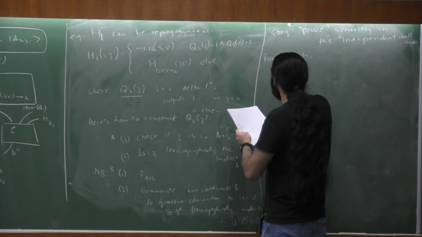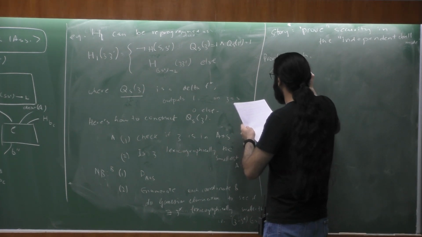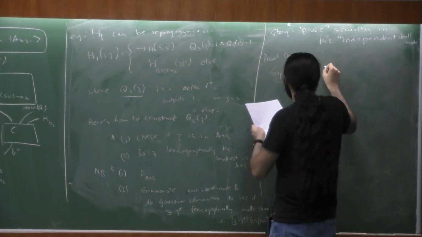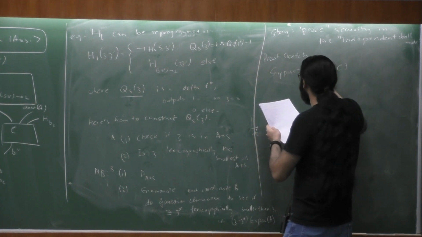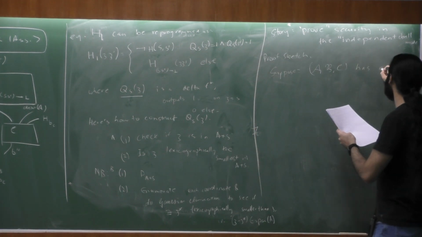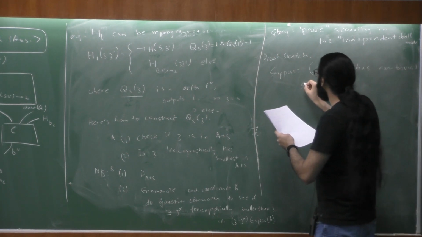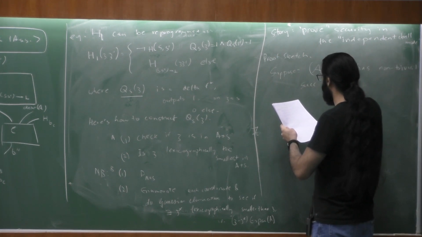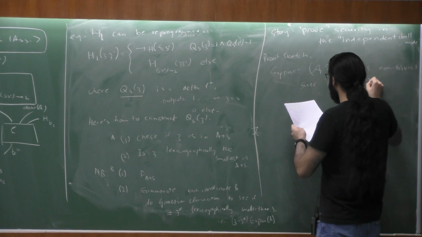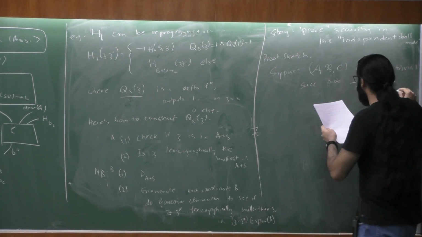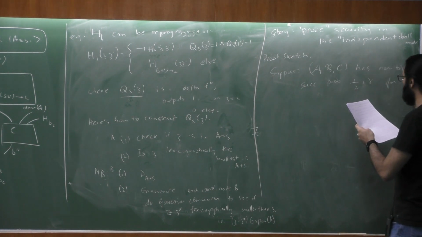Suppose that an adversary ABC has non-trivial success probability half plus gamma for some large gamma, right?